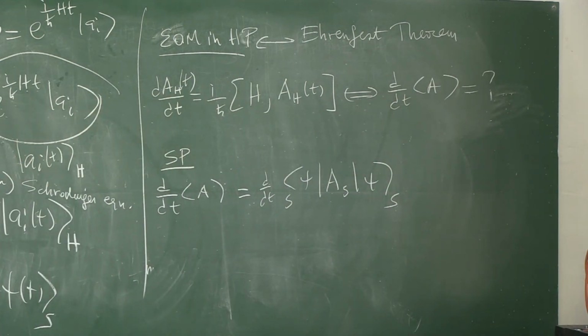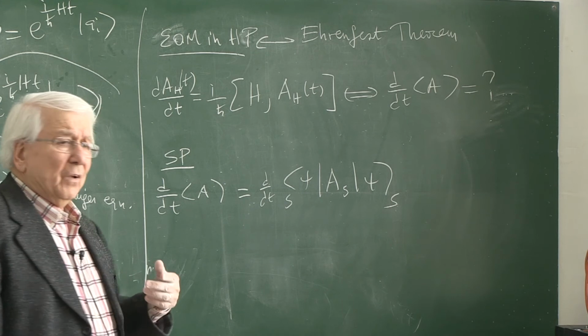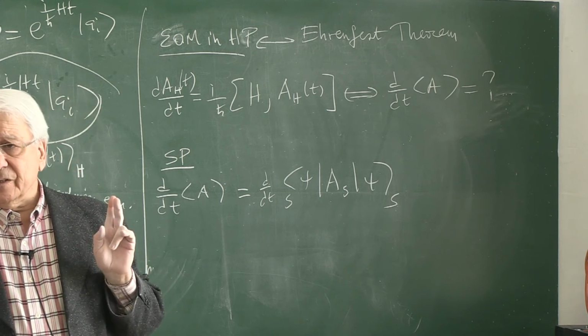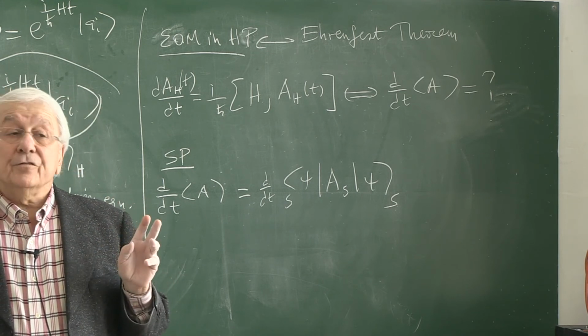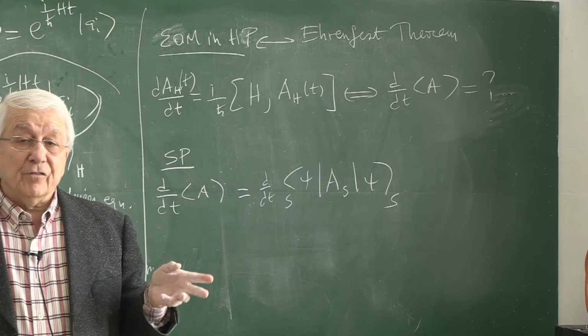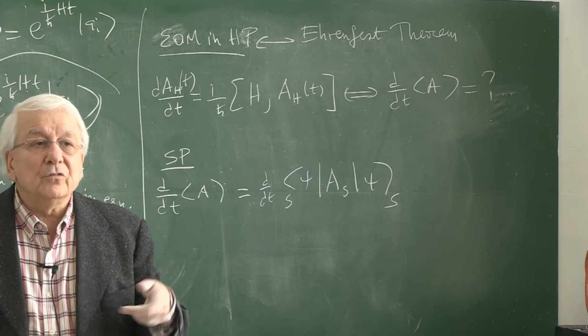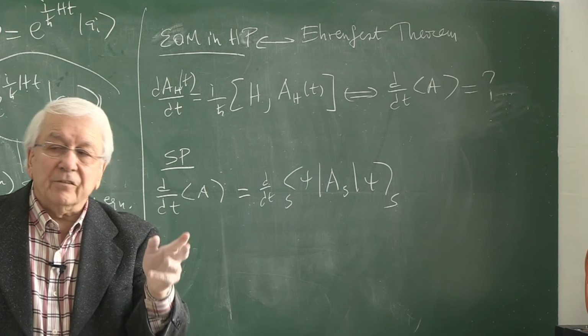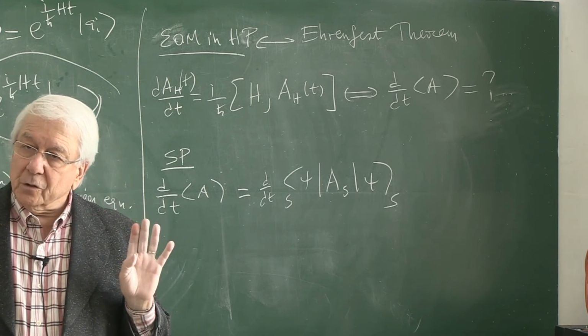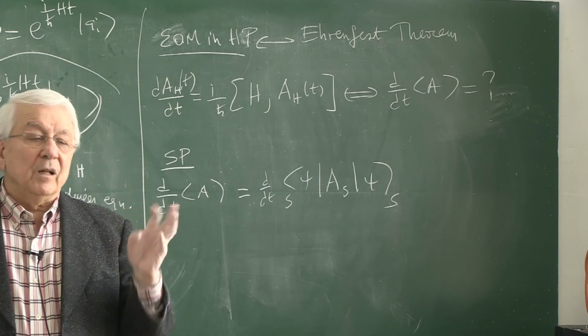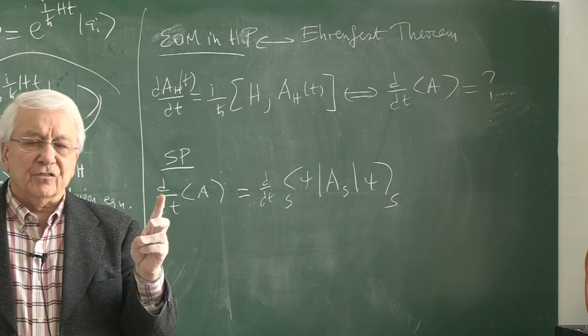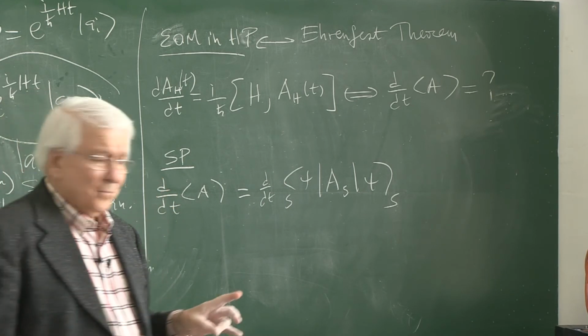In the Schrödinger picture, if A is an observable, like x, p, energy, angular momentum, then it will not depend on time explicitly. Other things like an external electromagnetic field may be a function of x itself, but it may depend on time explicitly, so it is not a violation of the definition of the Schrödinger picture. It is the observables, x, p, energy, anything which are derived from the x and p.